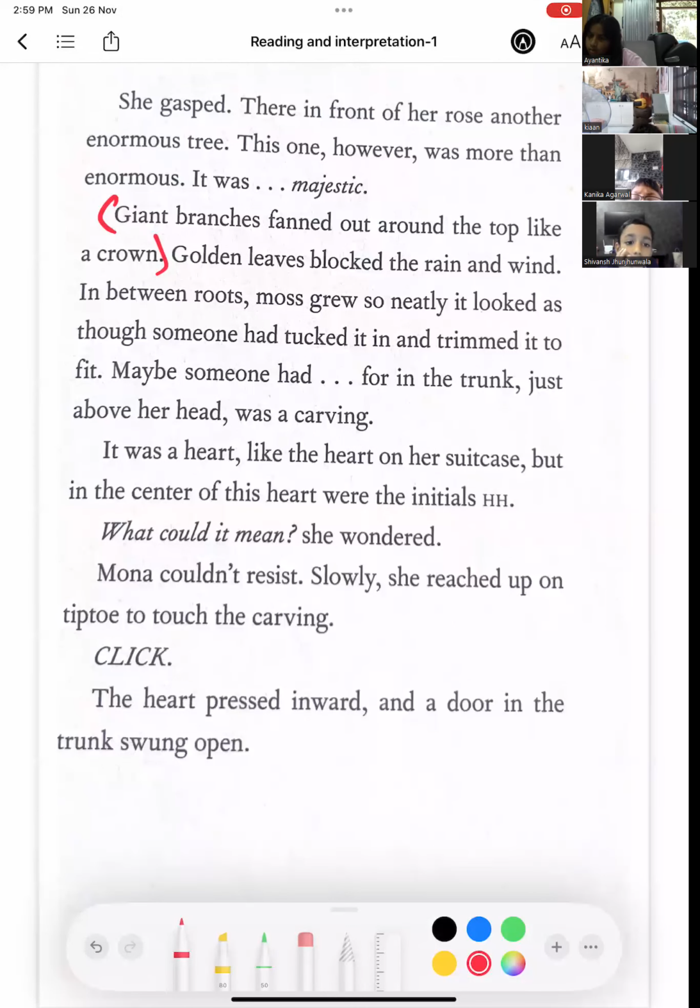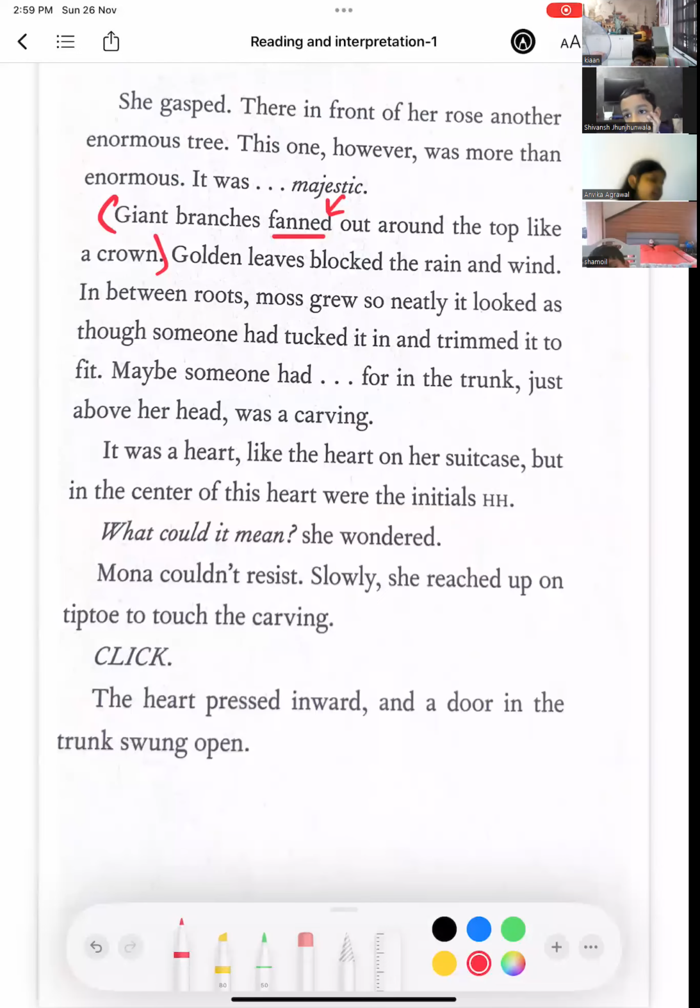Here the verb is fan, and ed is attached to it, so it is past tense. So you have to validate your answer by saying all the verbs are in past tense rather than saying the words are in past tense. Be more precise. You are in a higher grade.